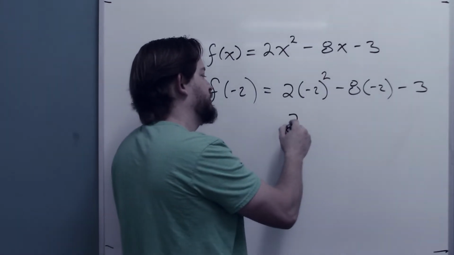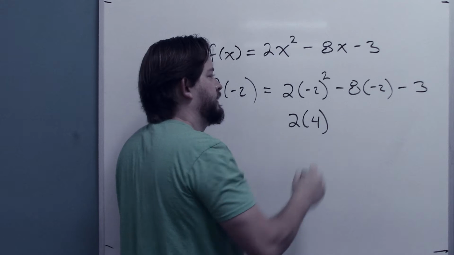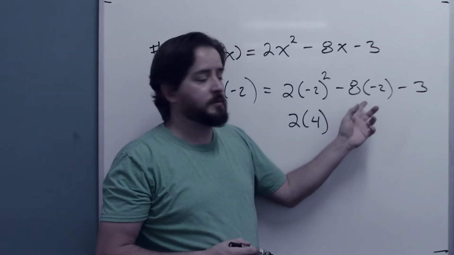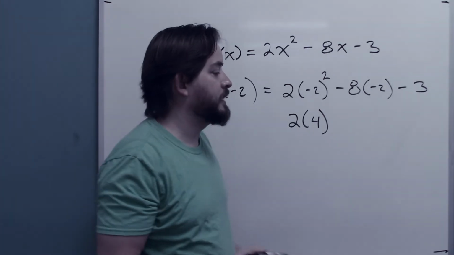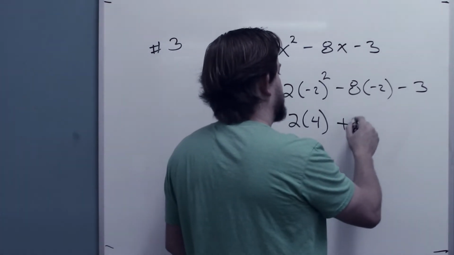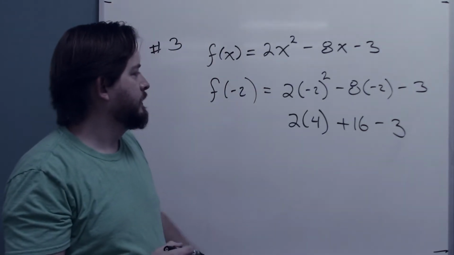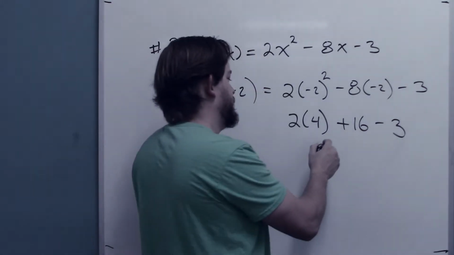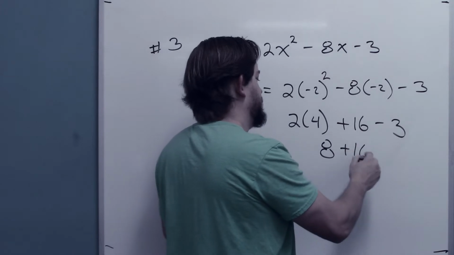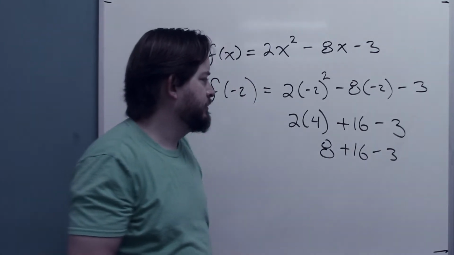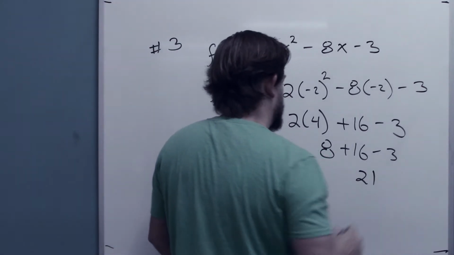So this is 2 multiplied by 4. And then the second mess up, the less common mess up, but sometimes you see it, is that this negative times negative, that goes positive. So 2 times 4 is 8, plus 16 minus 3. 8 plus 16 is 24, minus 3 is 21.